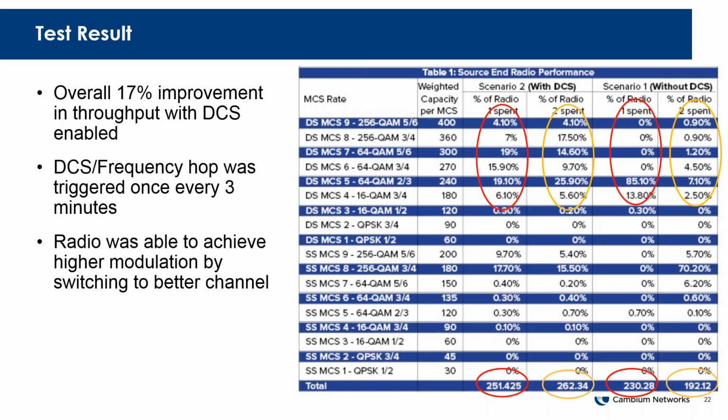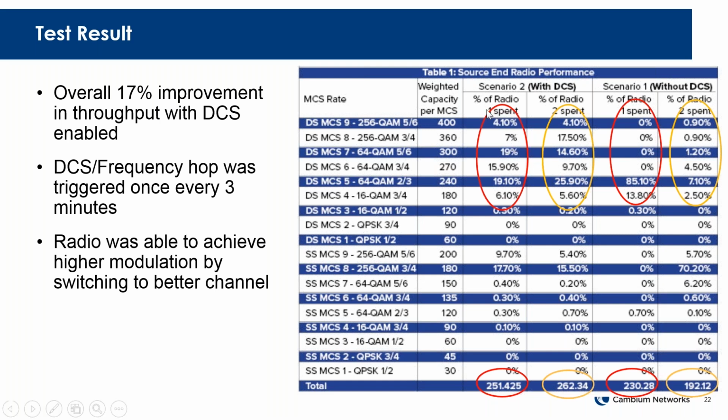On the table, you have two main scenarios. In scenario one, without DCS, you can clearly see that MCS 9, MCS 8, MCS 7, MCS 6 is set to 0%, which means none of the packets are crossing MCS 5, which means it's a stable link. It's a solid link, but it's never crossing that MCS 5 threshold.